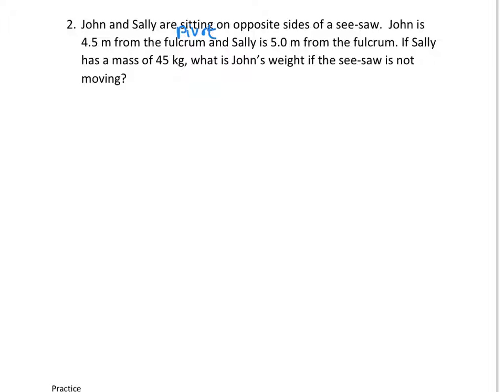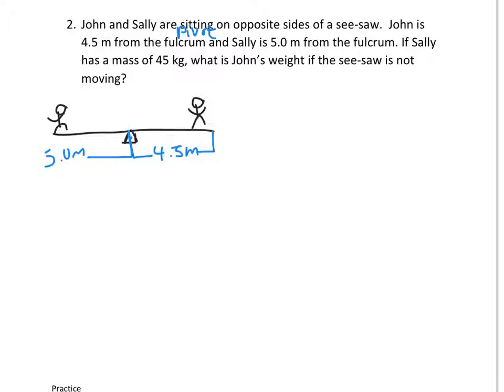So here we need to draw a picture. You have a seesaw. Here's the fulcrum. You've got John on one side and Sally on the other. And it says that John is 4.5 meters away and Sally is 5 meters away. This is not drawn to scale.